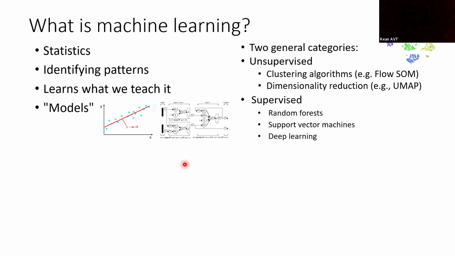There's also supervised machine learning. Some of you may have heard of some of these terms like random forests, support vector machines, and deep learning. These are all different classifiers, or different algorithms used for supervised machine learning.